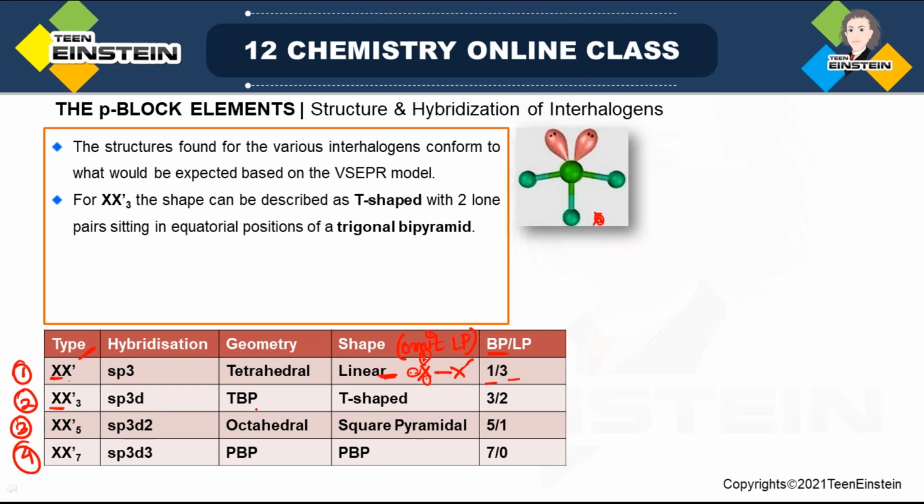So the geometry is trigonal bipyramidal. But as it is 5 coordination and there are only 3 X', the rest of the 2 positions will be lone pairs. So the bond pairs are 3, and lone pairs 2. And without the lone pairs, ultimately the shape will be T shape, which you can see in this case. So this is X'3, this is X, this is X'.